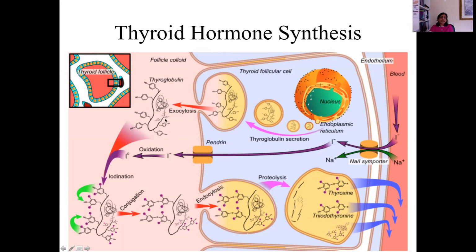What happens here is that a protein is a chain of amino acids. One of the amino acids that we need to pay particular attention to is tyrosine. Tyrosine, scattered throughout the structure of thyroglobulin, is able to bind to iodine.